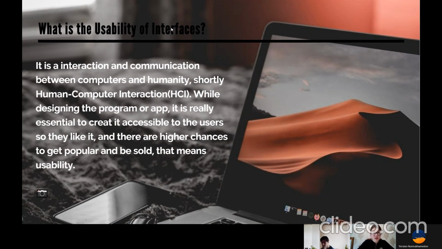So there are two main things, computer and humanity, that interact with each other and form human-computer interaction, or shortly HCI. What is the main goal of usability of interfaces? Its main aim is to make things for the users as simple and effective as possible.